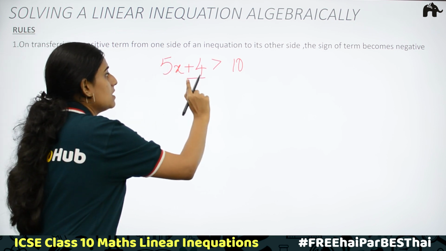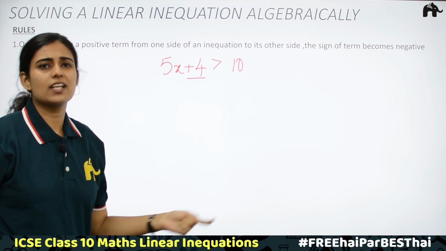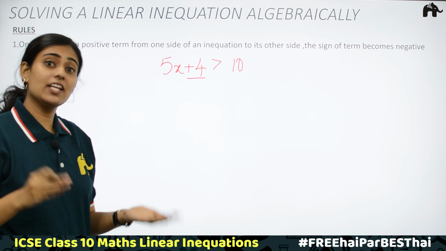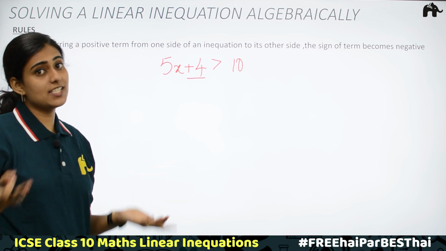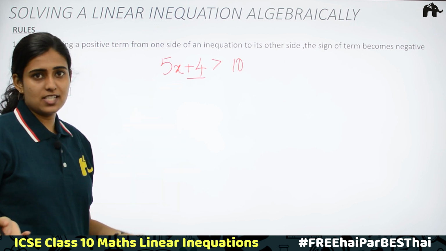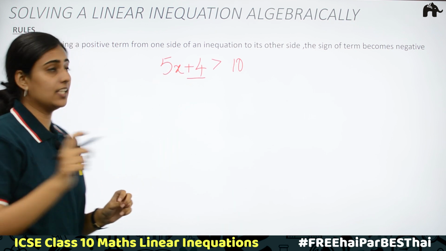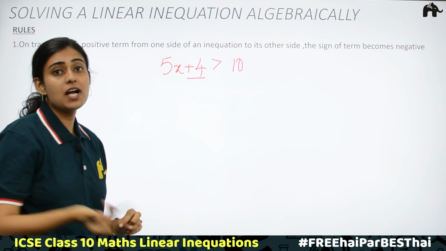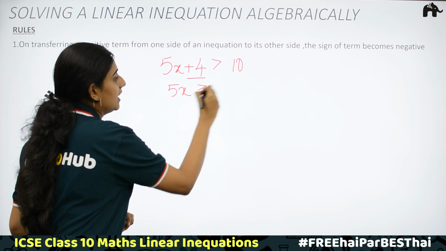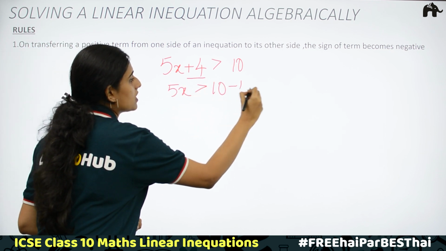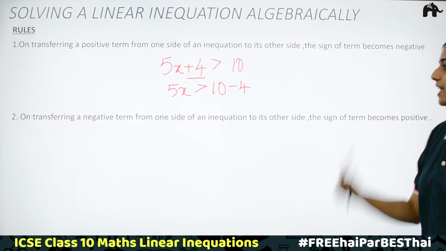When I am shifting this plus 4 to the opposite side, this plus 4 becomes minus 4. The same thing we used to do in linear equations also. Linear equations in one variable or linear equations in two variables, we use the same concepts. When you take it from one side to the other side, you will have to change the sign. This plus 4 should become minus 4. That is 5x > 10 - 4 is your inequation. First rule is clear.